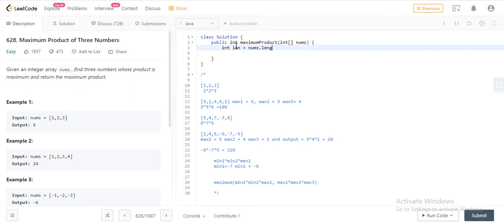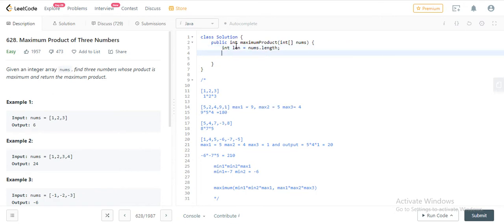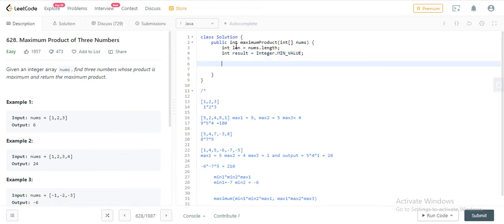Always find the length first, to make your program look much better. We need min1 and so on.